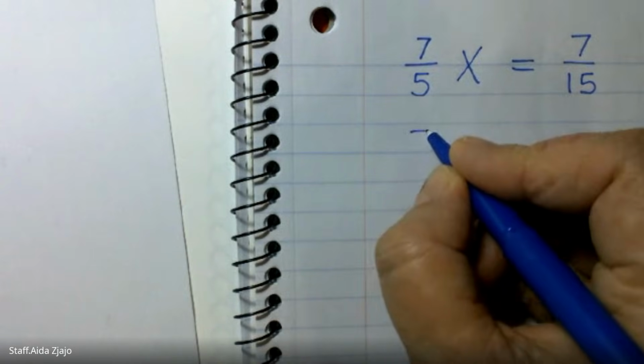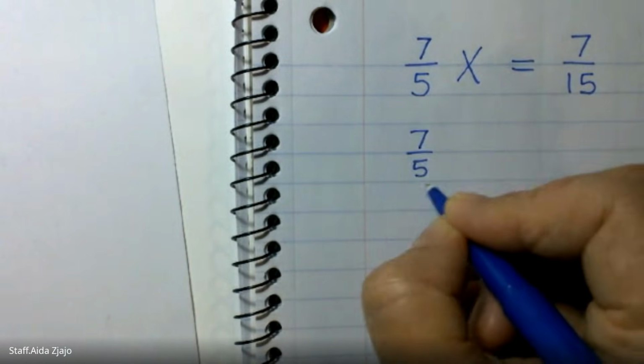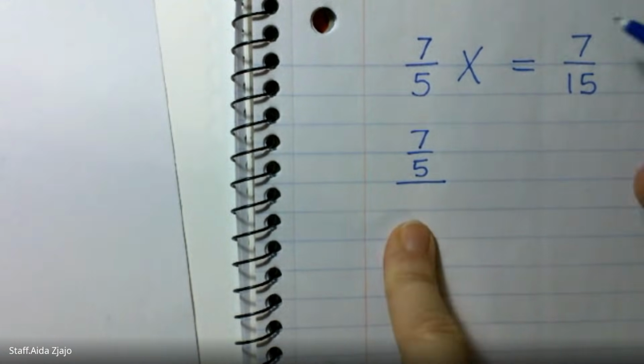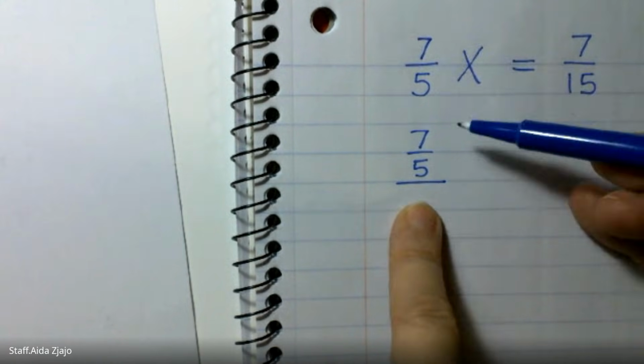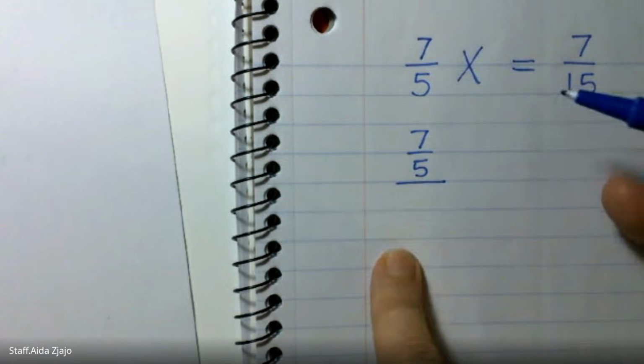If I have 7/5 and I have to get rid of it, so I have to divide by 7/5.